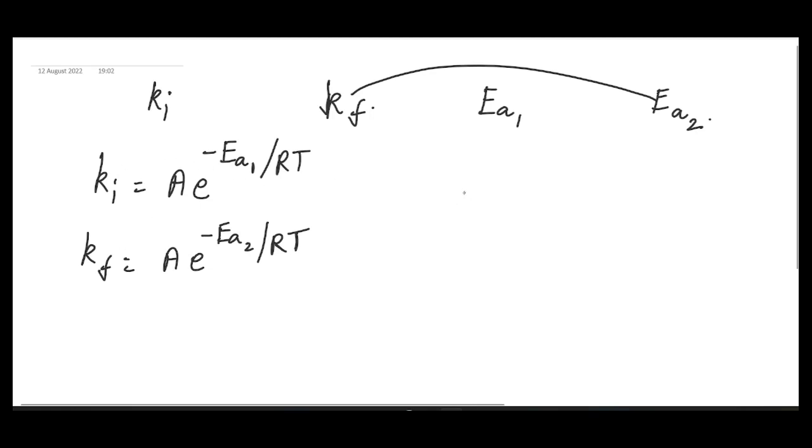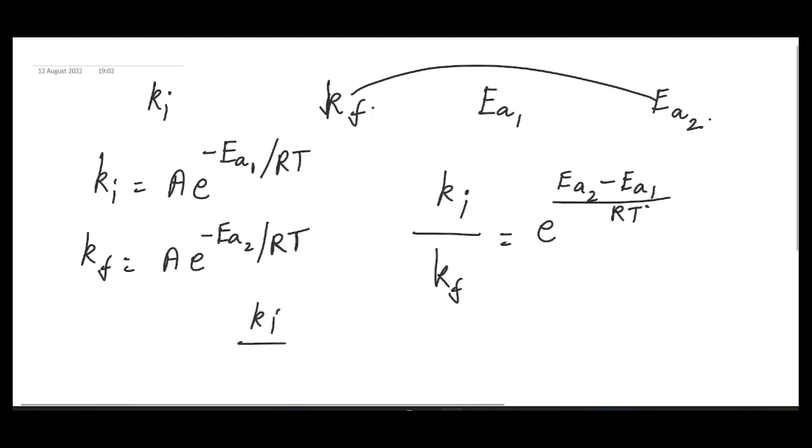Now let us divide both the equations. We get Ki by Kf is equal to e power EA2 minus EA1 by RT.